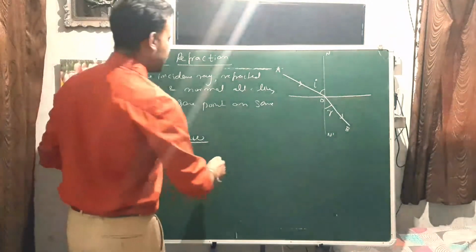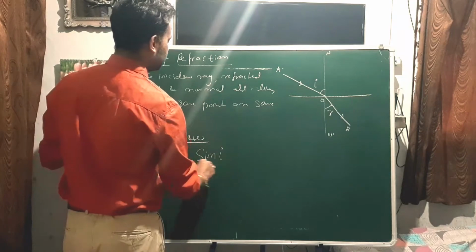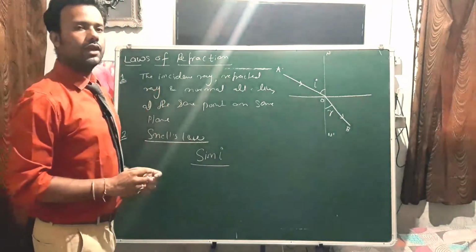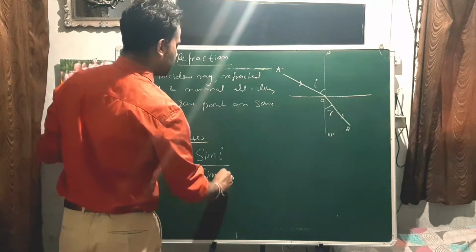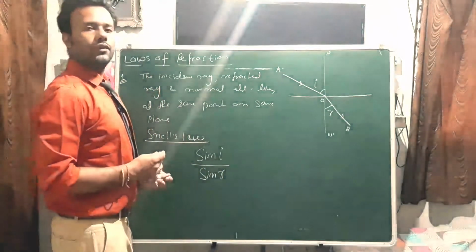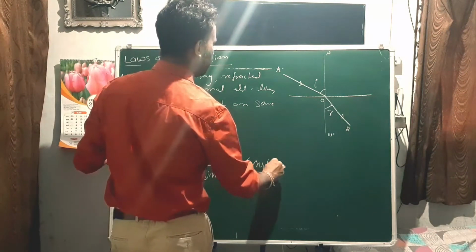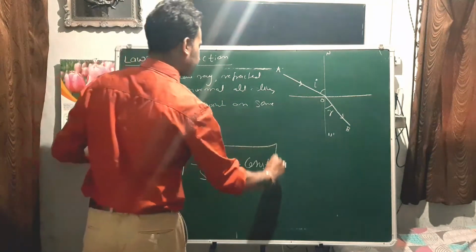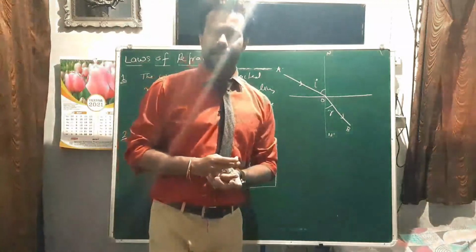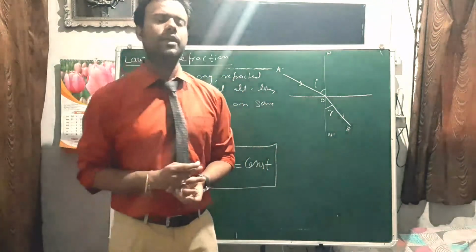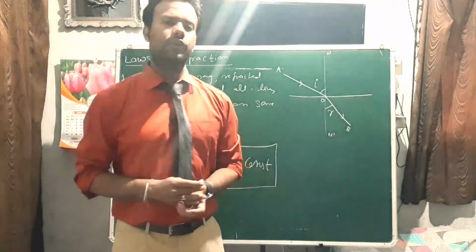It says the ratio of the sine of the angle of incidence to the sine of the angle of refraction is a constant. That means if you take a pair of media, suppose you take the example of air and glass, light is going from air to glass.